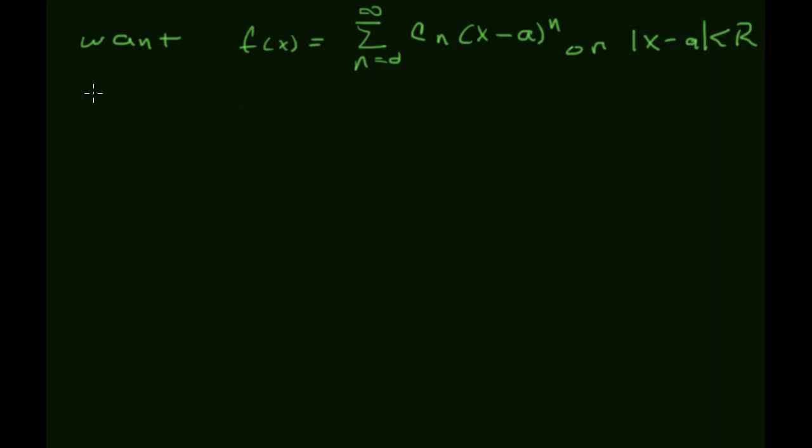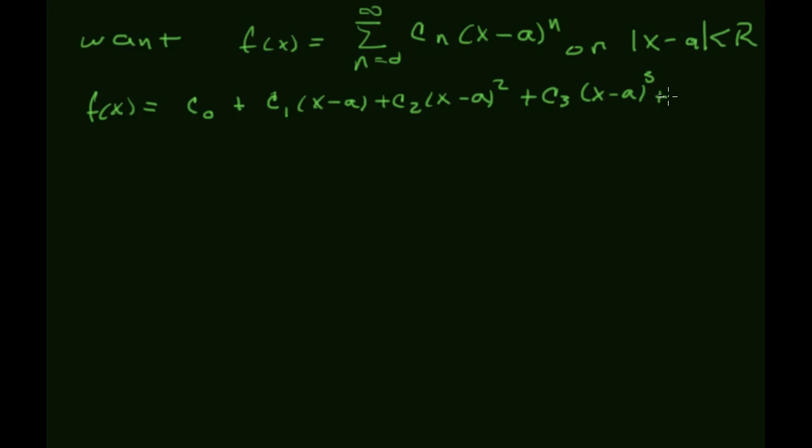So this statement would say that if this is going to work, f of x is like c0 plus c1 times (x minus a) plus c2 times (x minus a) squared plus c3 times (x minus a) cubed plus c4 times (x minus a) to the fourth, and so forth and so on.